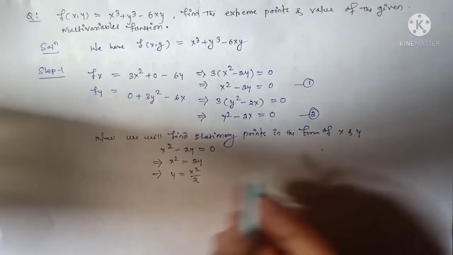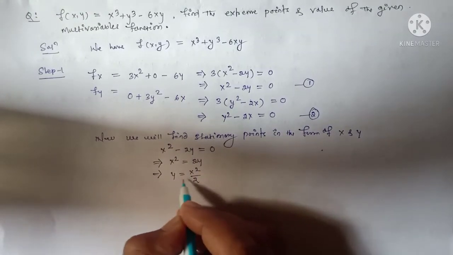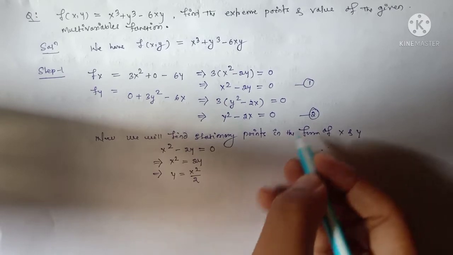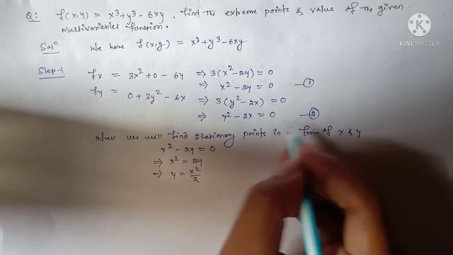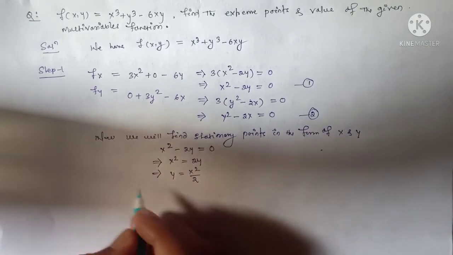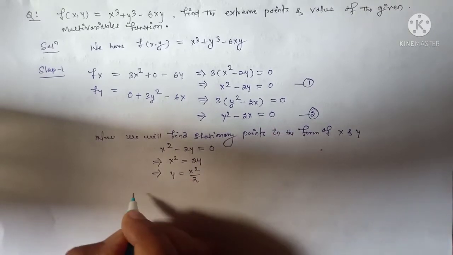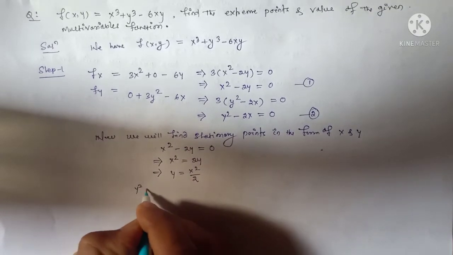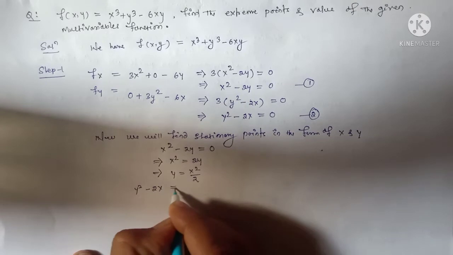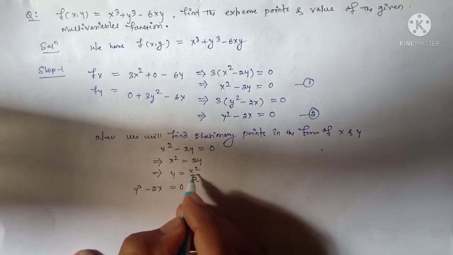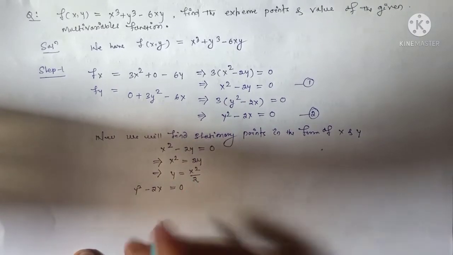Okay, so students, by putting this value y is equal to x square by 2 in equation 2, that is y square minus 2x is equal to 0, and here the value of y is equal to x square by 2.